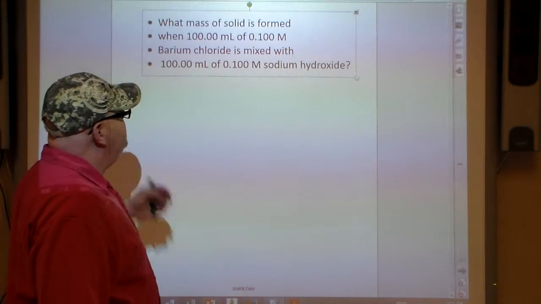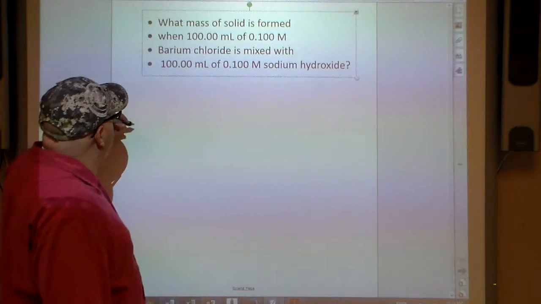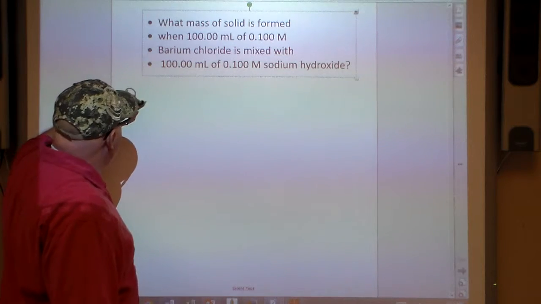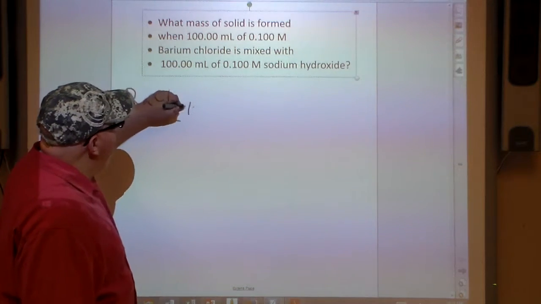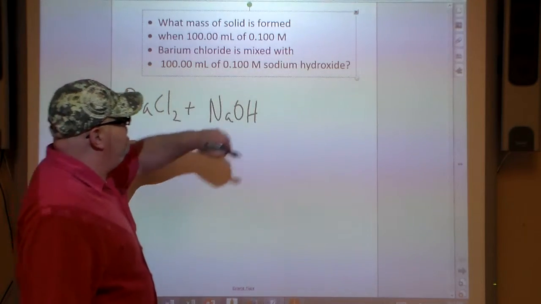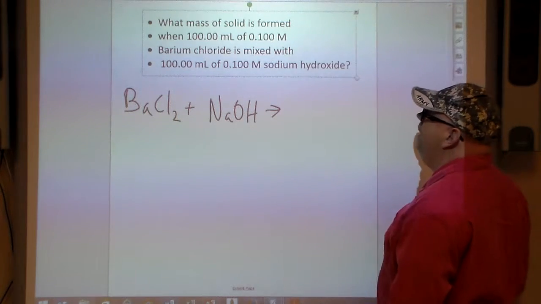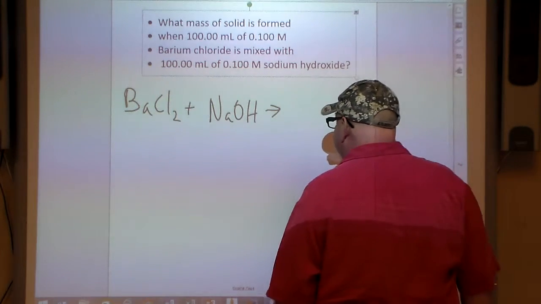What is barium chloride? That would be BaCl2, and we are adding NaOH, our sodium hydroxide, and we would get some kind of result.